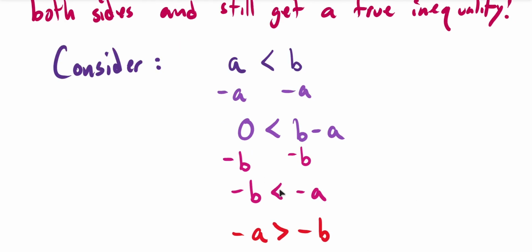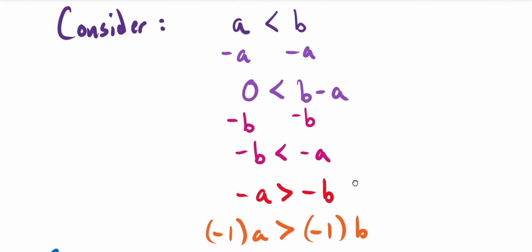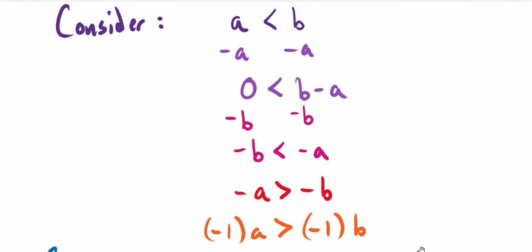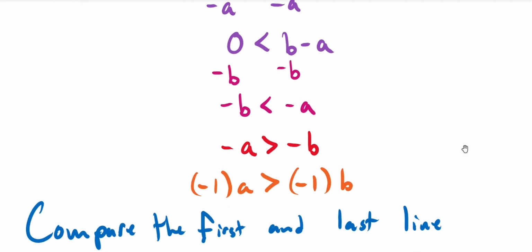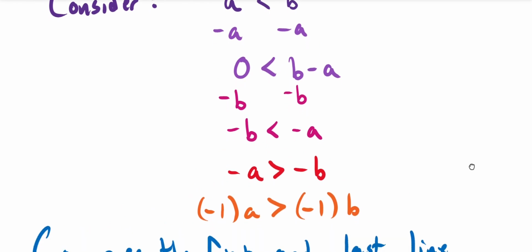Now, because we saw we could flip the inequality while flipping both sides, this means that minus A is greater than minus B. And factoring out that negative sign, we have that minus 1 times A is greater than minus 1 times B, putting the A and B back on the original sides again. But I want you to compare the first and last line here.